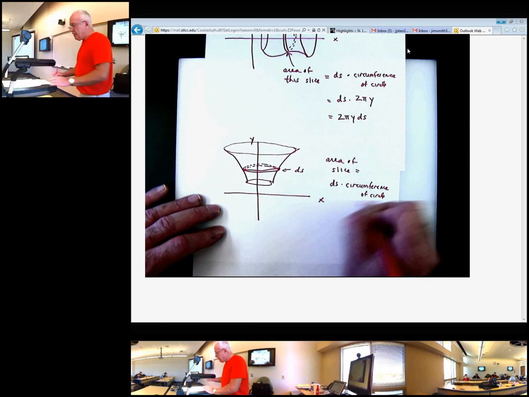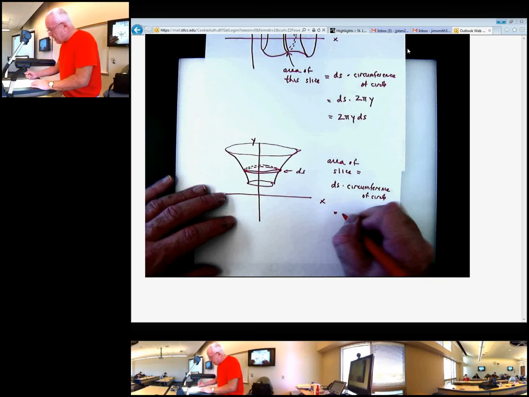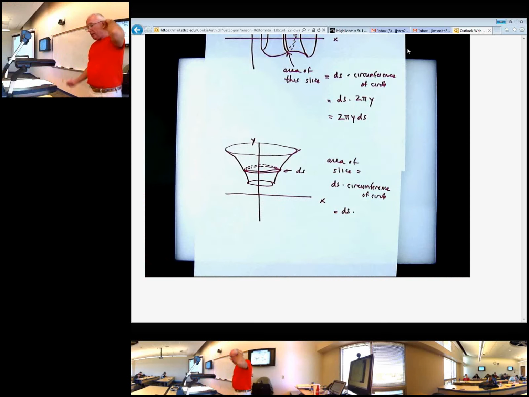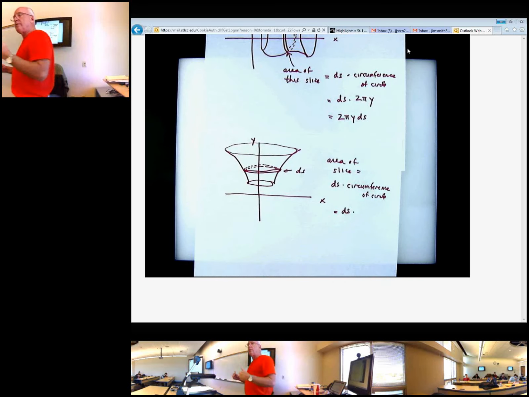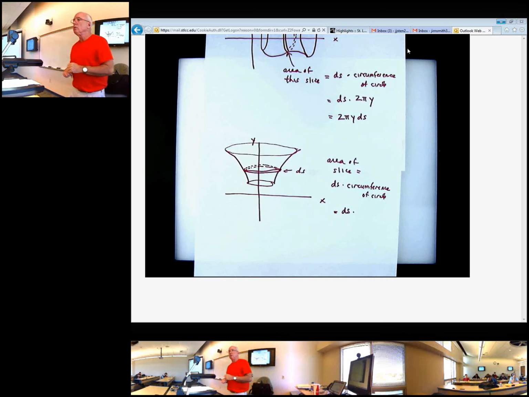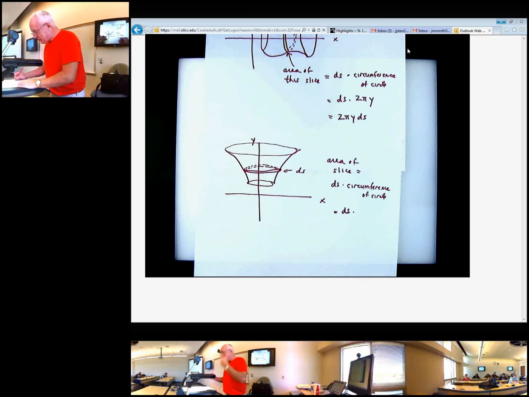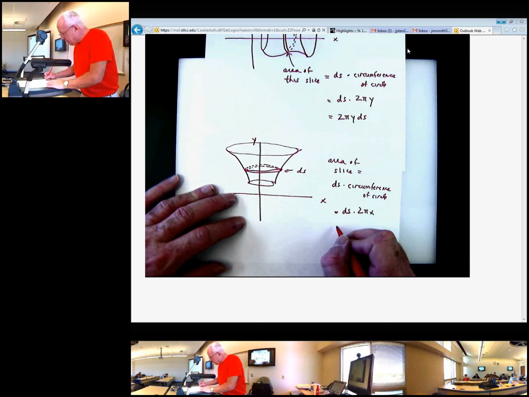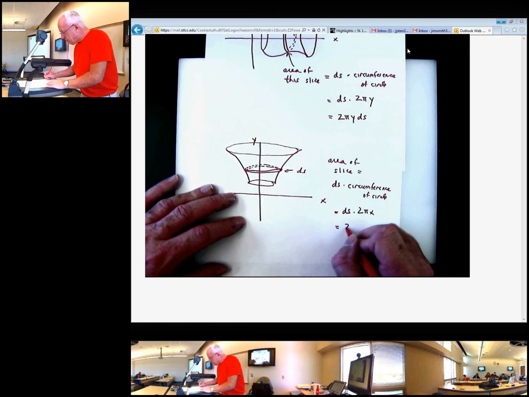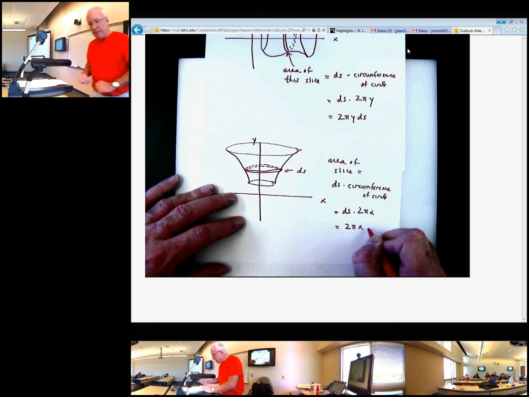Now that I'm going around the y-axis, how can I write the circumference of that circle? 2 pi x. Yeah, 2 pi x. And so this can be written as 2 pi x times ds. All right.